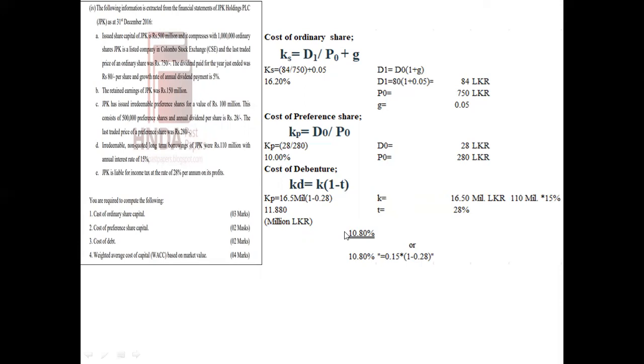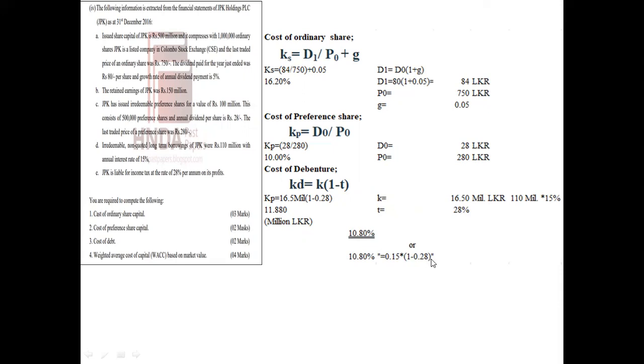Okay, then I have included the alternative way also. Without doing these calculations of the actual interest expense, we can adjust this interest rate for taxation. Here 0.15 is the interest rate.